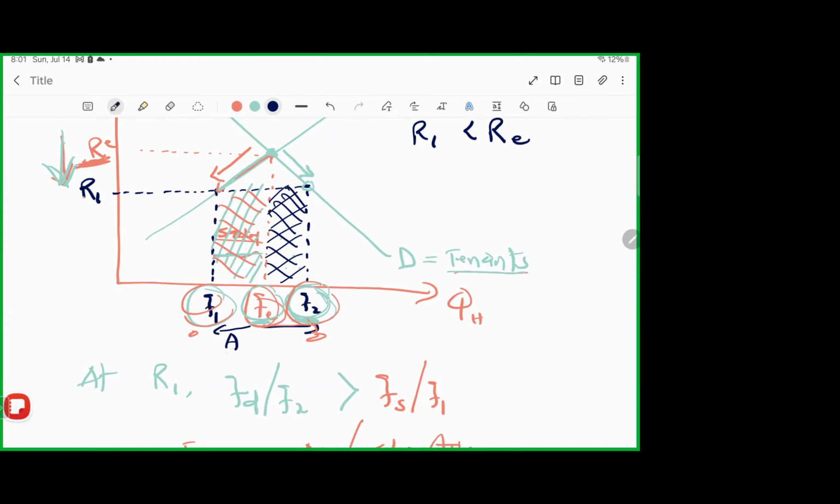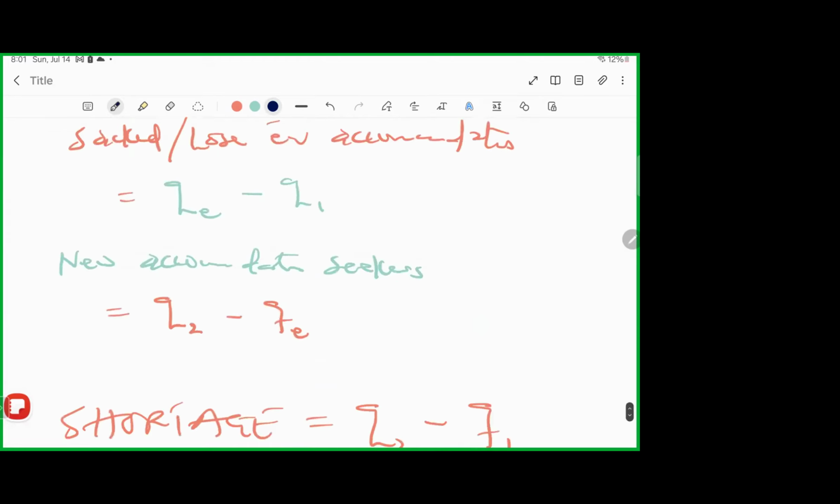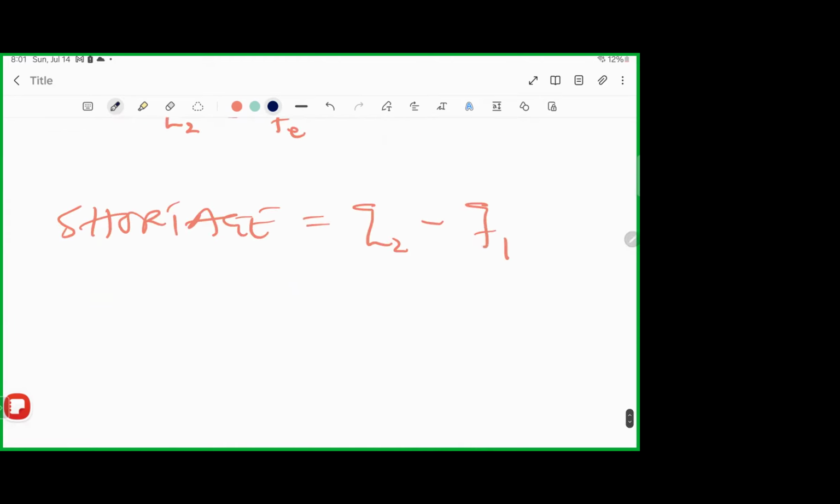So it will be this side, those who will be sacked, and this side, those who will be looking for new accommodation, which is QE. So Q2 minus Q1 is the same thing as what?